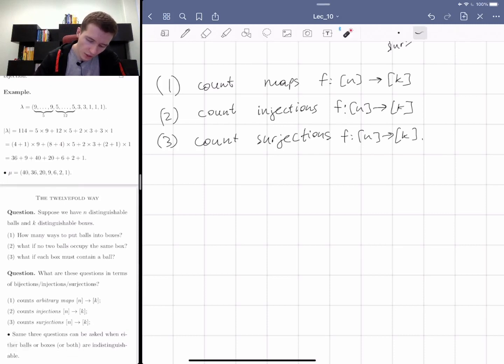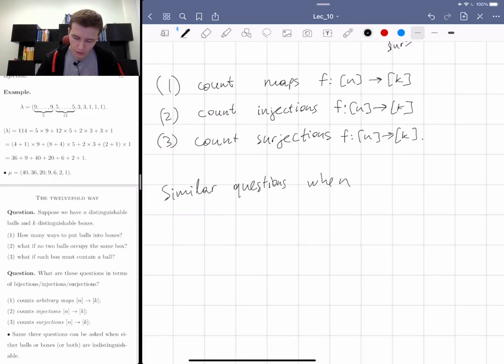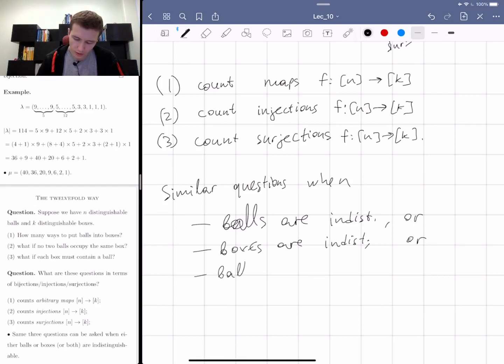So far this is 3 questions, but there are many more similar questions when either the balls are indistinguishable or the boxes are indistinguishable, or both.